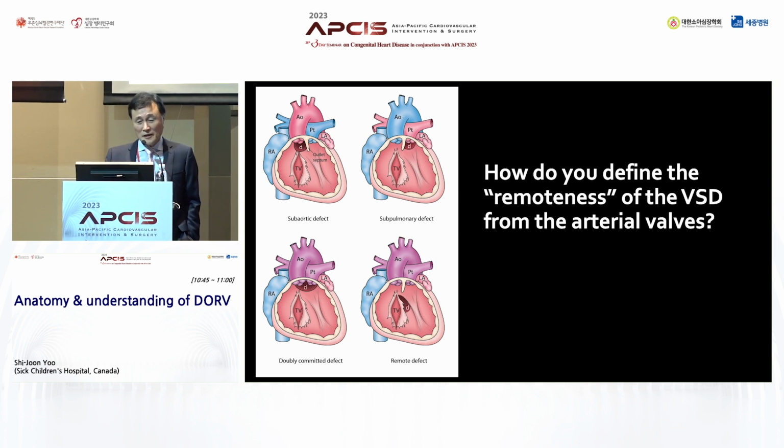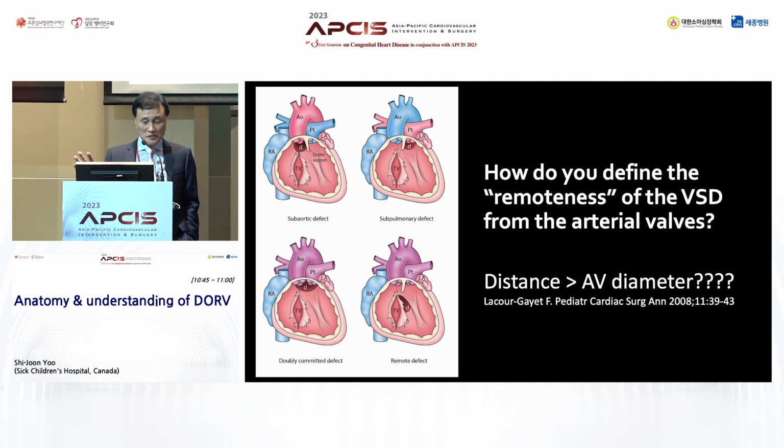I find that in the literature, only the surgical literature says that the distance between the upper margin of the VSD and the nearby semilunar valve is more than the diameter of the aortic valve. But however, this is tricky. Why? What if you have a subaortic stenosis and the aortic valve is small? You can't define it this way, right? So again, remoteness is a very arbitrary definition.